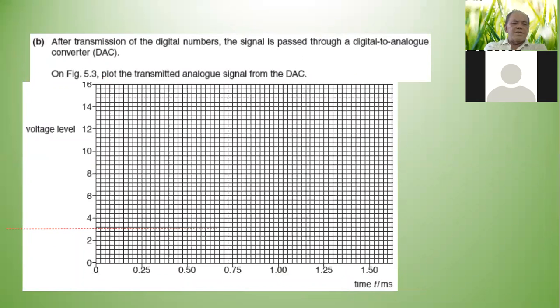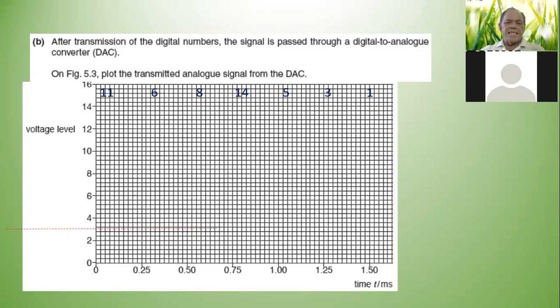After transmission of the digital numbers, the signal is passed through a digital to analog converter. On figure 5.2, draw the transmitted analog signal from the digital to analog converter. So now we convert it back.